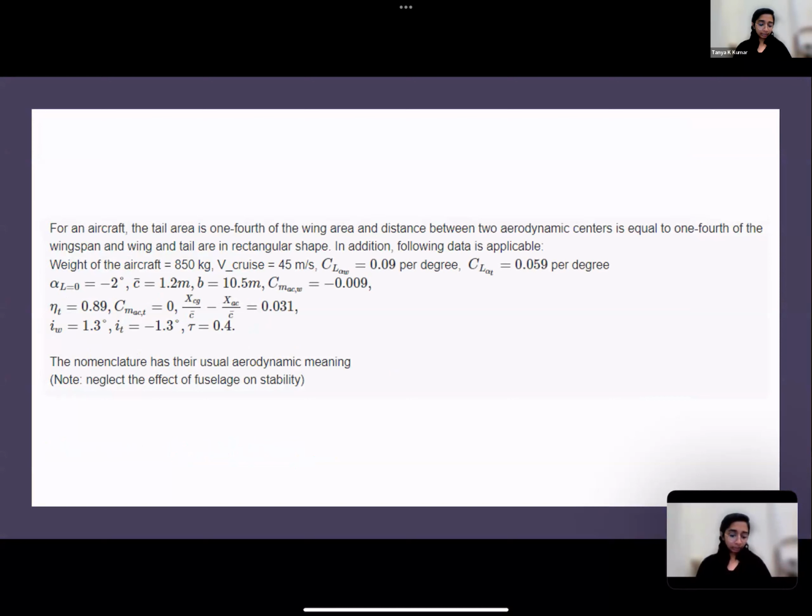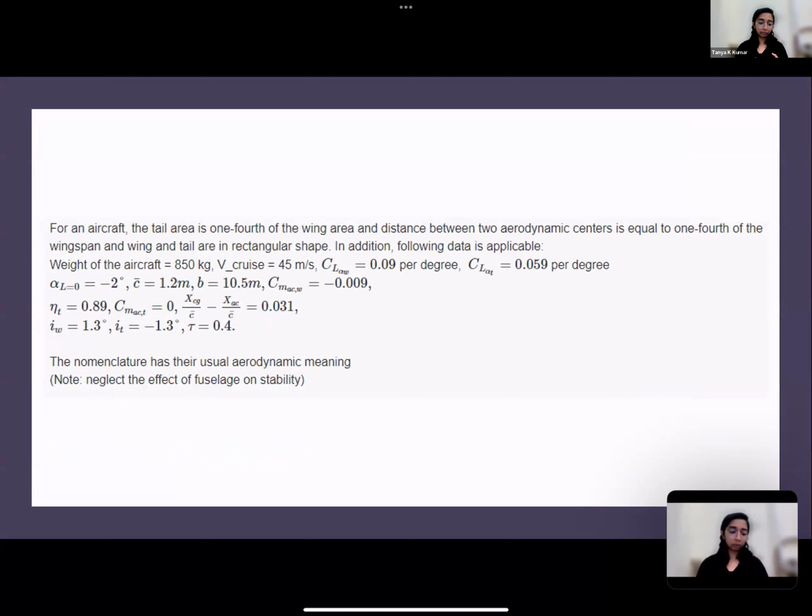For an aircraft, the tail area is 1/4 of the wing area, and the distance between the two aerodynamic centers is equal to 1/4 of the wingspan. The wing and tail are in rectangular shape. In addition, the following data is applicable.